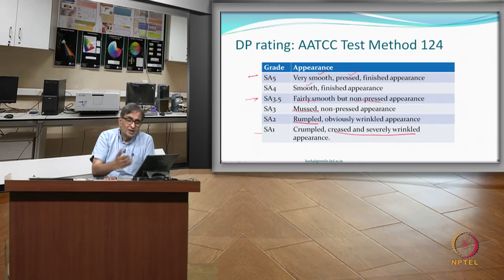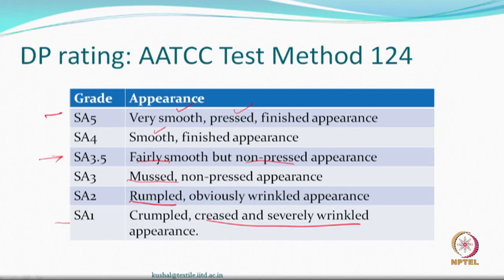This rating can be given after the first wash, after the 5th wash, or after the 10th wash, based on the requirement of the client also. And so, one can say, well, after so many washes, this is the rating. Some people would obviously be interested to know this, all right.